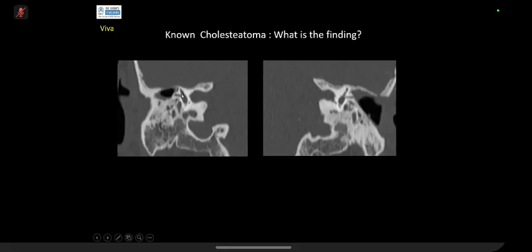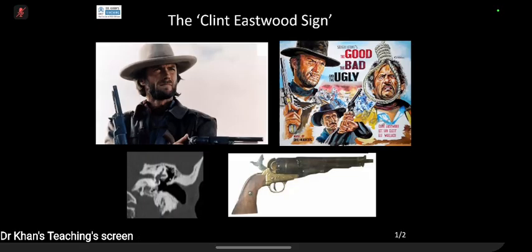This is the lateral semicircular canal on the normal side. This is the superior semicircular canal. Key point to remember is that there must be a bone between the lateral semicircular canal and the middle ear cavity. Here you can see that there is no bone. This is known as fistulization, and this is a classical exam scenario.